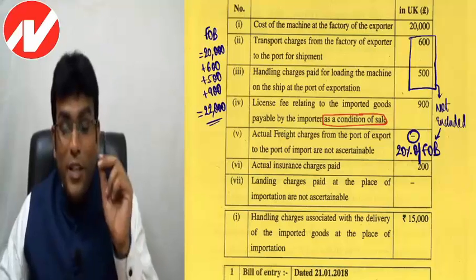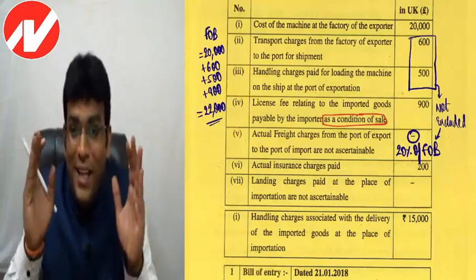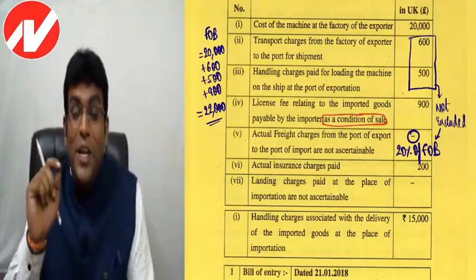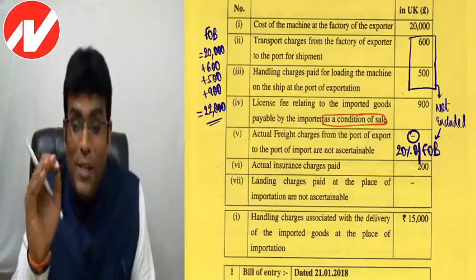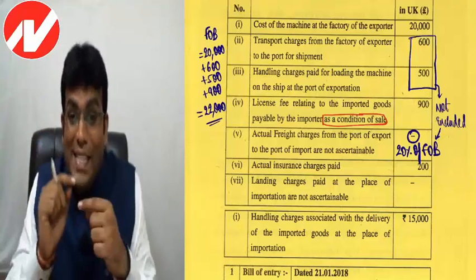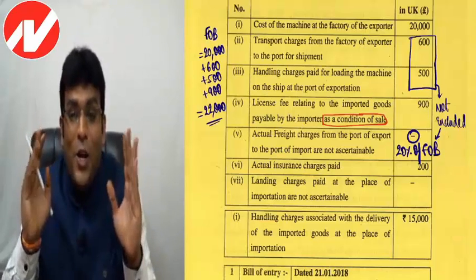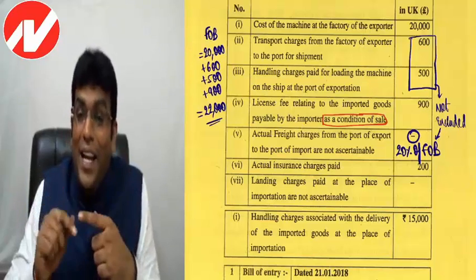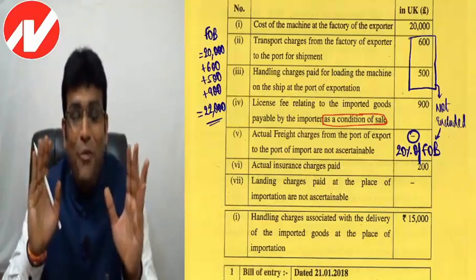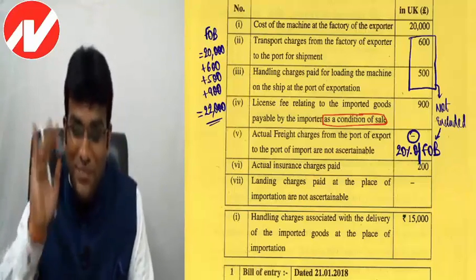So friends, 20% of 22,000 becomes 4,400, and ultimately the point you have to understand is that 20% of the FOB figure is a substitute for cost of transport, loading, unloading and handling charges from the factory of the exporter till the place of importation.